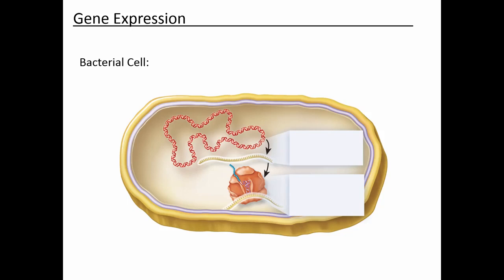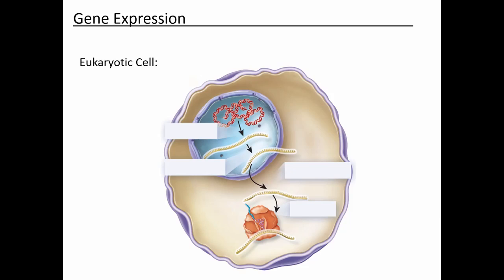Now when you compare that to a eukaryotic cell, there are a couple of steps between transcription and translation, and also transcription and translation do not happen in the same area. So in this first box, that's going to be transcription again. The second box below that is RNA processing.